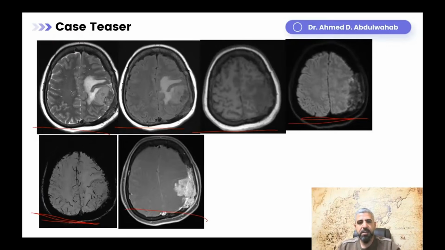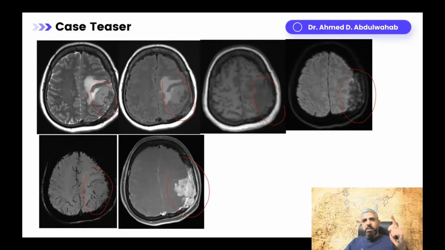Question: metastasis or GBM? The clue is in one of the images. One only of the images. Which sequence has the answer, do you think? The important image, the one that has the whole diagnosis, is of course the diffusion.